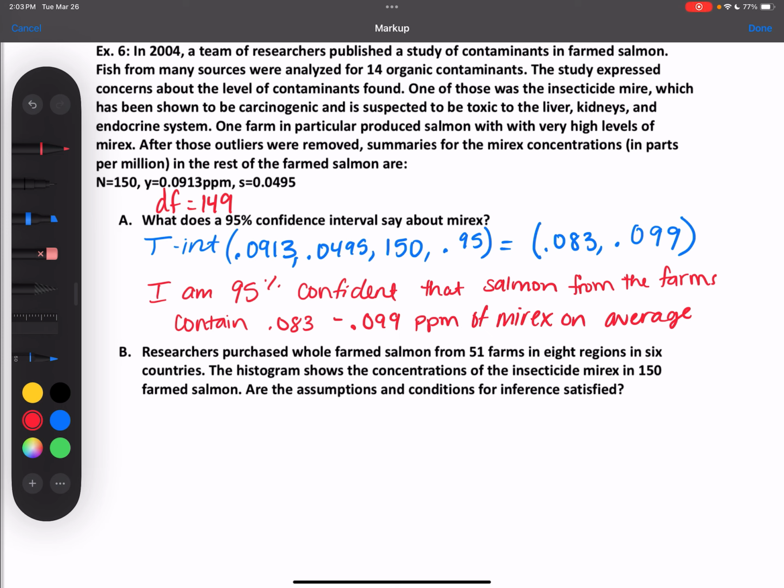So that would be because it's over 40, unless it says otherwise, or if we were given a table of information like we were the other day, then obviously if we look at the histogram and it's way off or something. But as long as that number's big enough, and they tend to give us ones that are over that, you don't really have to check. So we would say that the conditions are met.